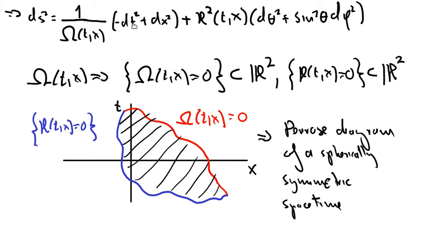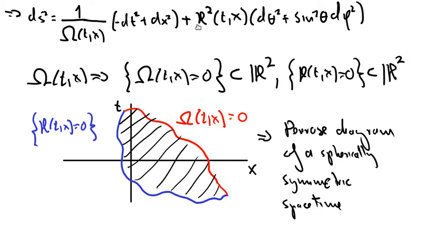When the metric is the two-dimensional flat one, we know how light rays look like. They are just straight lines whose slope is 45 degrees.